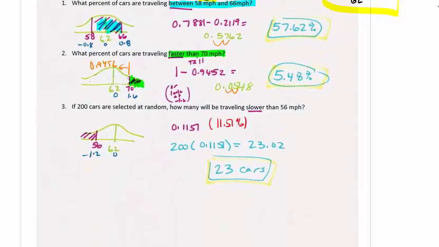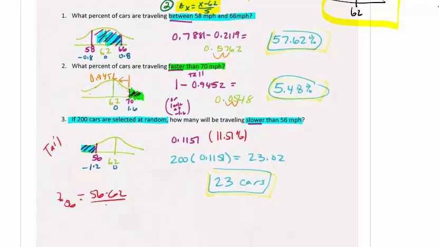The last one here is the one that has one extra step. So we're going to wait for the 200 cars for the end of the problem. We want slower than 56. 56 is below 62, so it's a tail problem. When we standardize this, 56 minus 62, and then we're dividing by our 5.